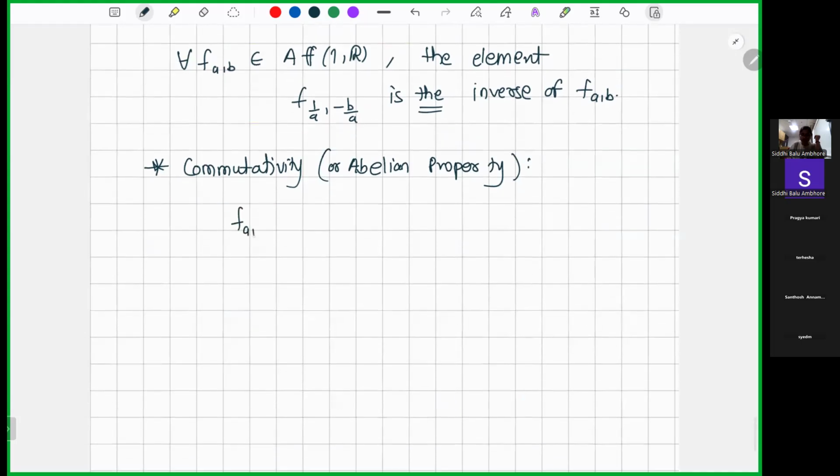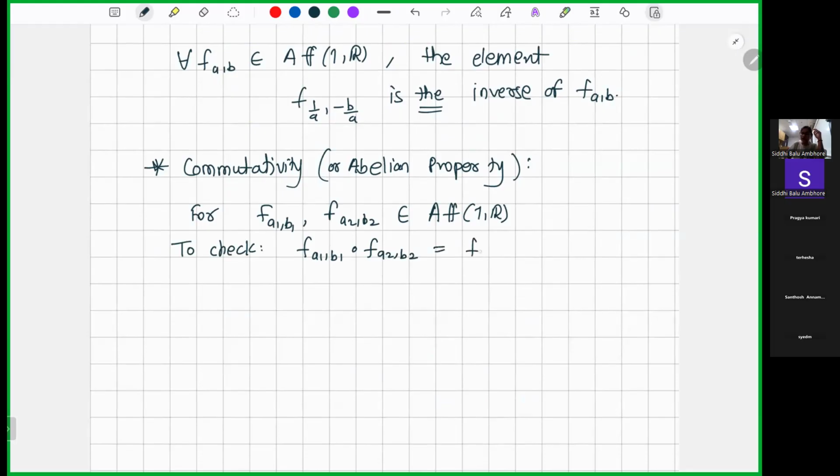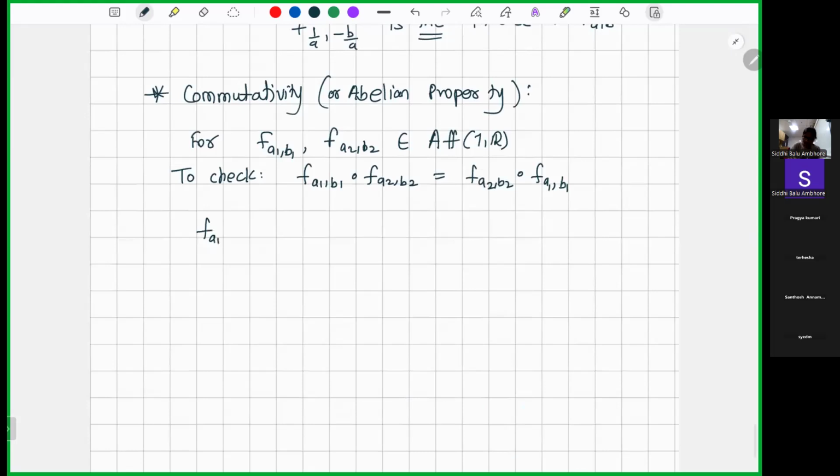If I choose f a1 b1 comma f a2 b2, and they belong to my set, we have to check whether f a1 b1 composed with f a2 b2 is equal to f a2 b2 composed with f a1 b1 or not. So I have to check whether this is true or not.